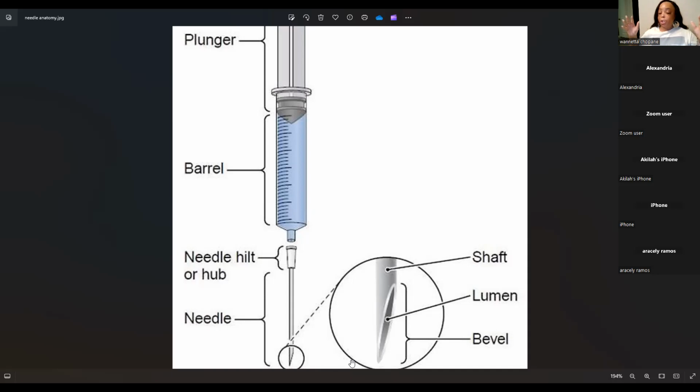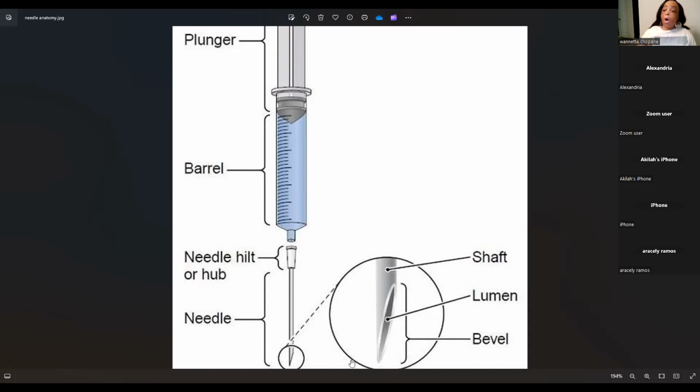Hopefully I'm making sense to you. So for example, needles come in different sizes, so that lumen will be a different size. It'll be a small opening, maybe a medium-sized opening, maybe a bigger opening, but the actual opening itself is called the bevel. Did I lose anyone with that?